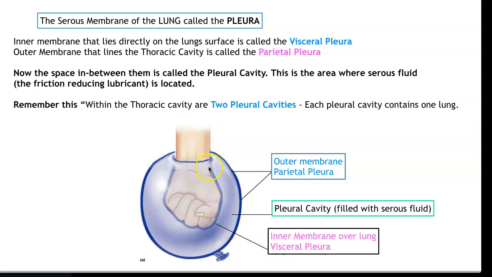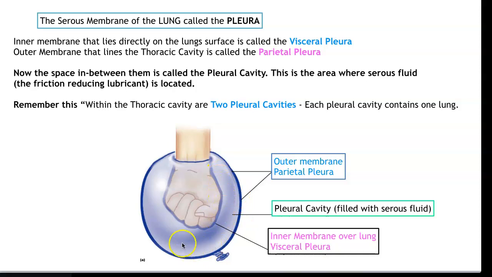Visceral, it's surrounding the organ. The organ is the lung. That's why we say visceral pleura. So when you hear those terms, parietal pleura, you should automatically think this is the outer serous membrane that's surrounding the lung. The visceral pleura is the inner serous membrane right on top of the lung.